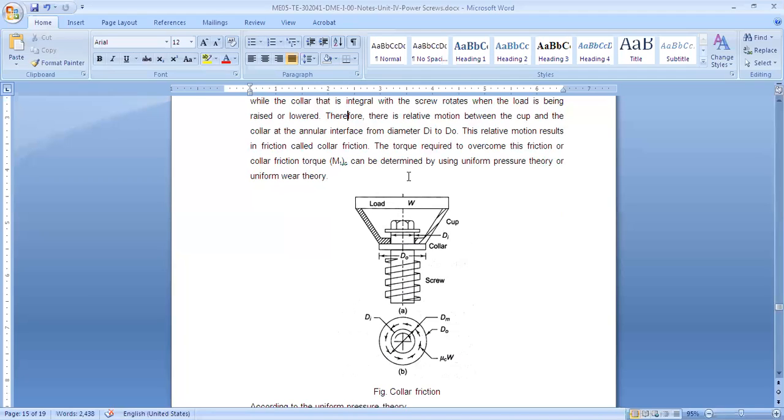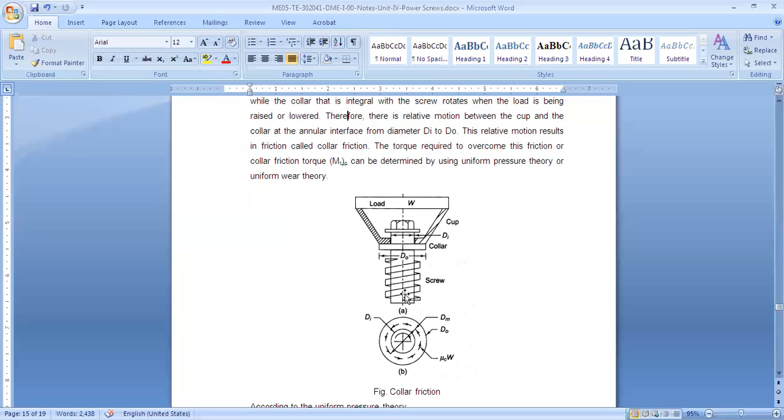It is a very easy concept, and it is very easy to calculate this collar friction torque, but we need to understand why we need it. There are two. First, we need a torque or effort to raise or lower or clamp a load. That is what we have seen, that MT is equal to W into dm by 2 into tan(phi plus or minus alpha), depending on the application.